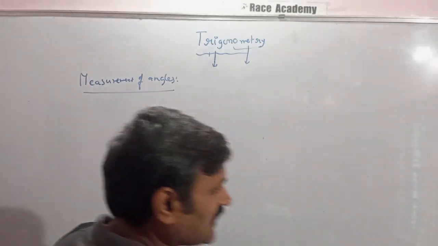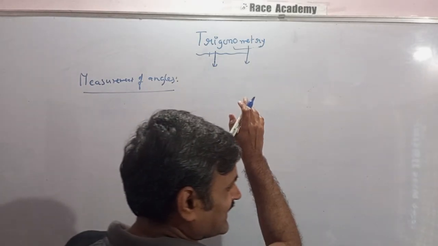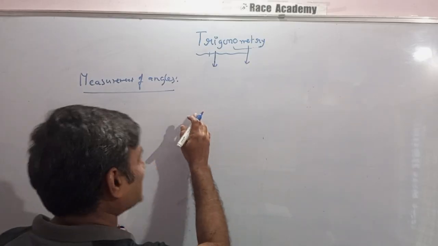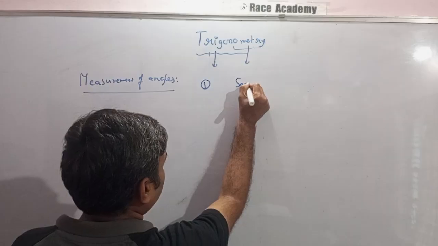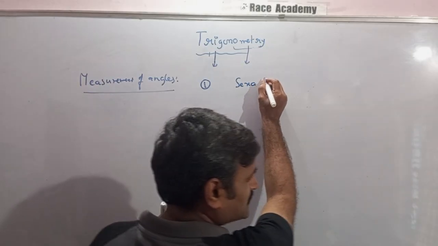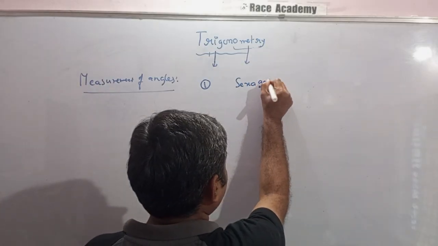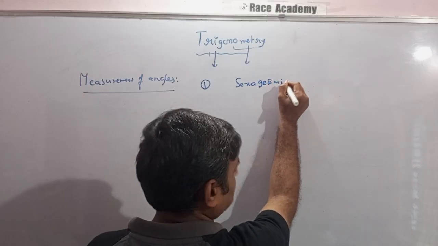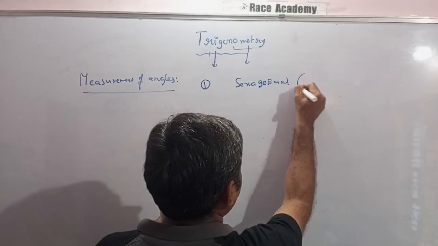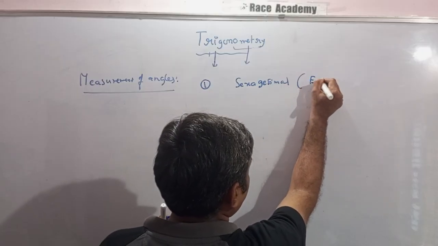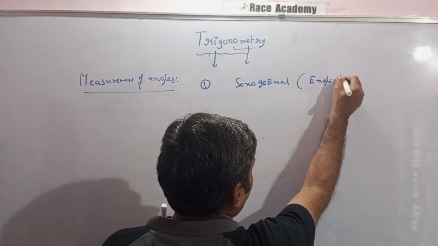The one we will call the English system, the sexagesimal system. Actually this system is an English system.